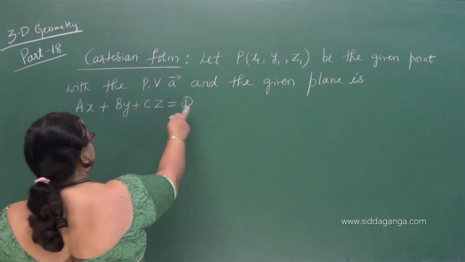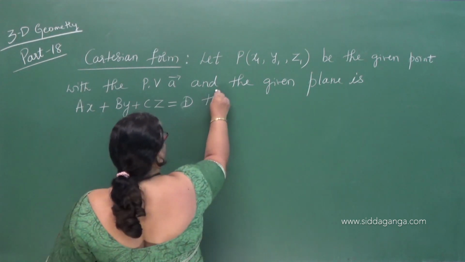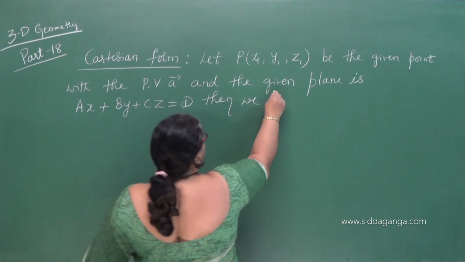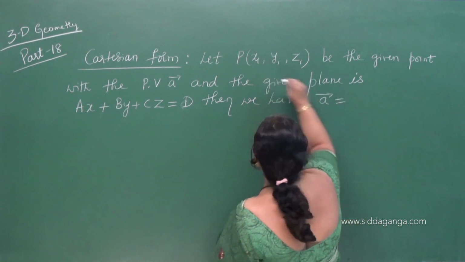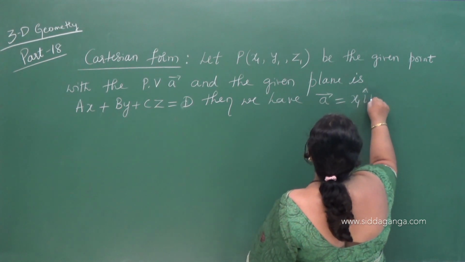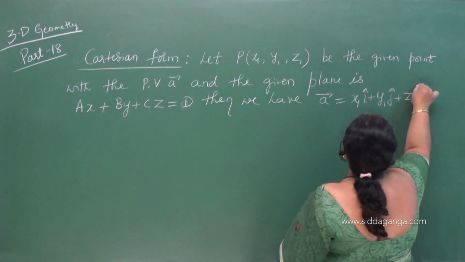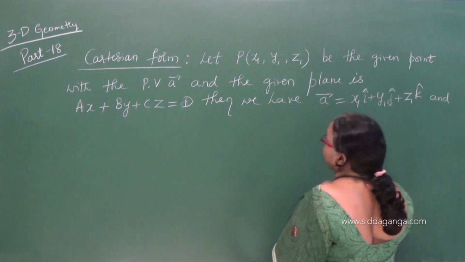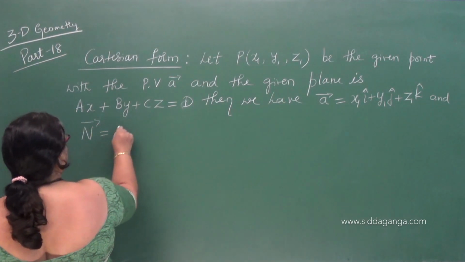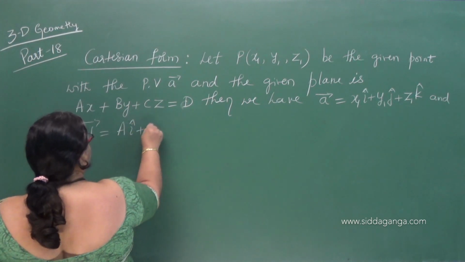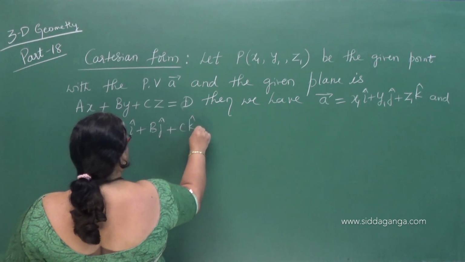Then we have vector A equal to x1 i cap plus y1 j cap plus z1 k cap. Now, for the plane given, write the normal vector: vector n equal to A i cap plus B j cap plus C k cap.